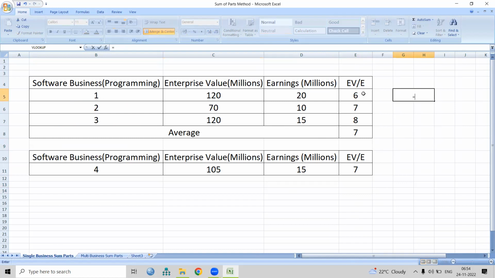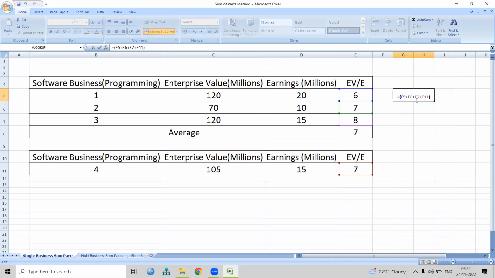The EV to earnings of the first division is in E5, plus second division E6, third division E7. Just now we computed the EV to earnings of the fourth division also, which is in the reference cell E11.